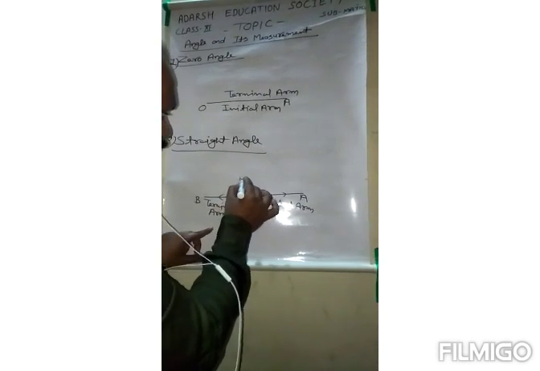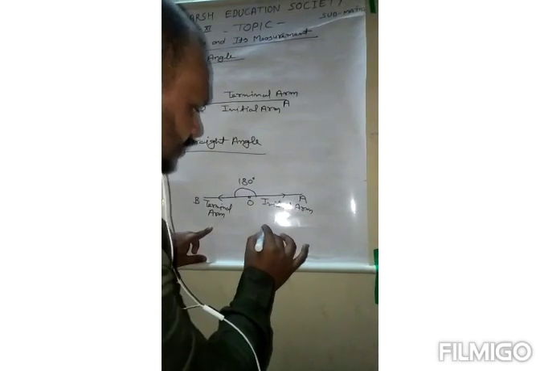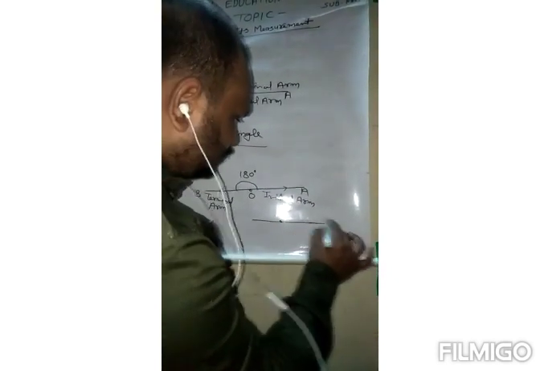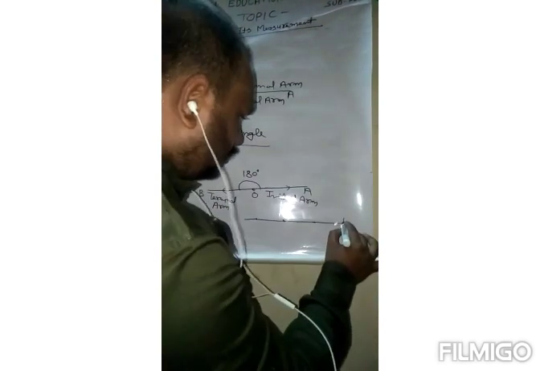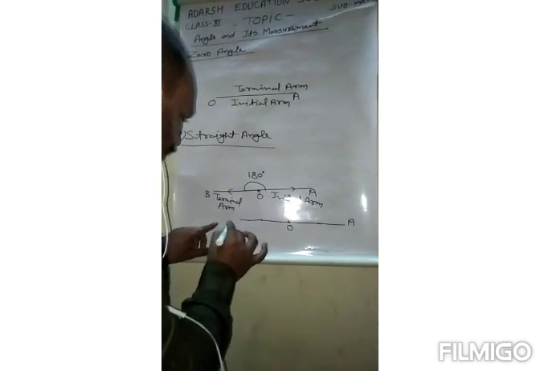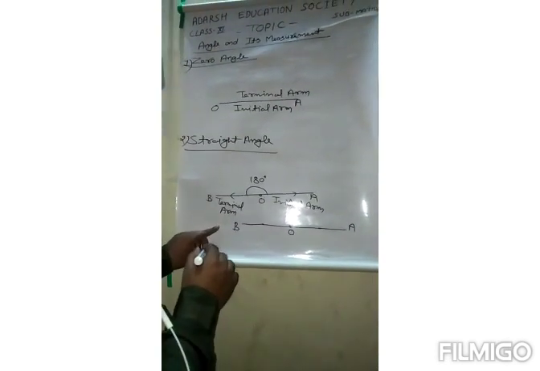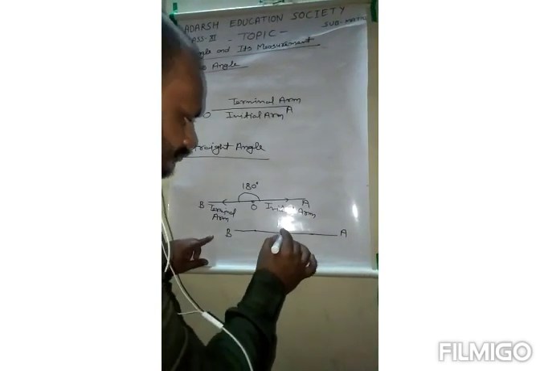So to understand the straight angle, you can take the example of a 180-degree positive angle, or you can take the example of a 180-degree negative angle. Suppose this is our initial ray OA and OB is our terminal ray or terminal arm.